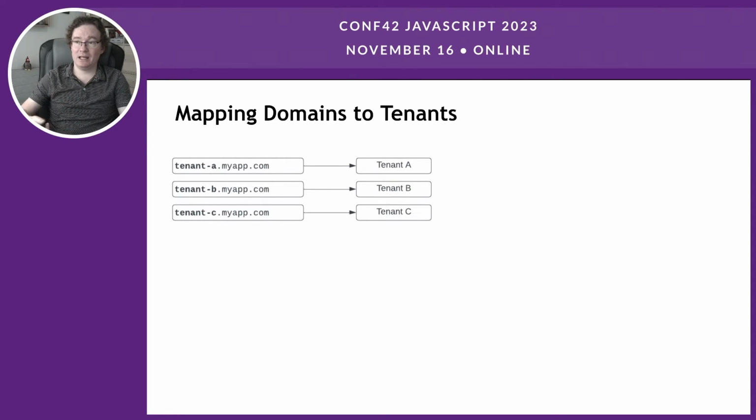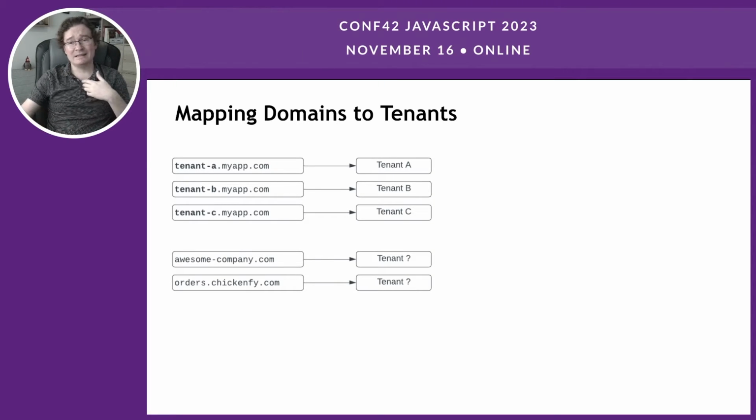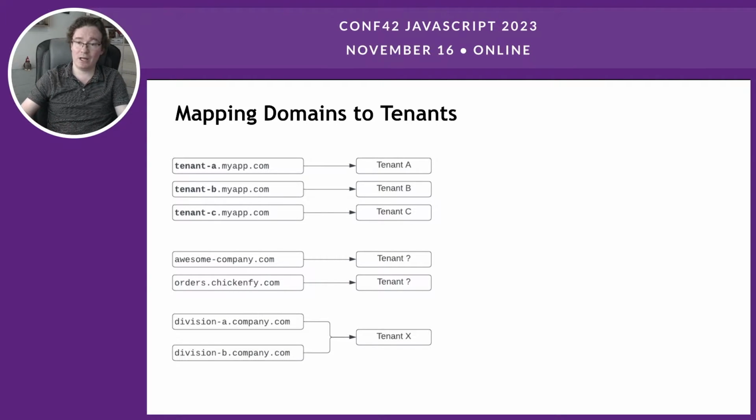But in our case, our customers are exposing this application to their own customers, so we wanted to allow them to configure and run it with their own domains. This approach will no longer work because we cannot just parse the URL and extract the tenant identification from it. We also have the situation where we need to handle multiple domains pointing to the same tenant.